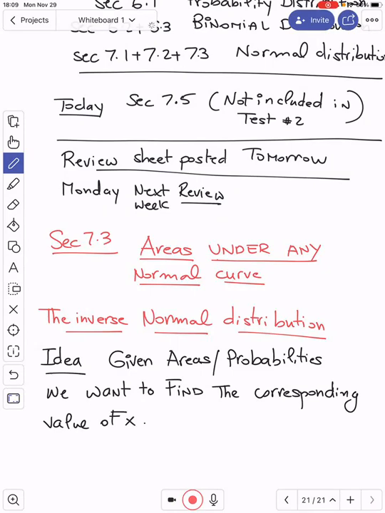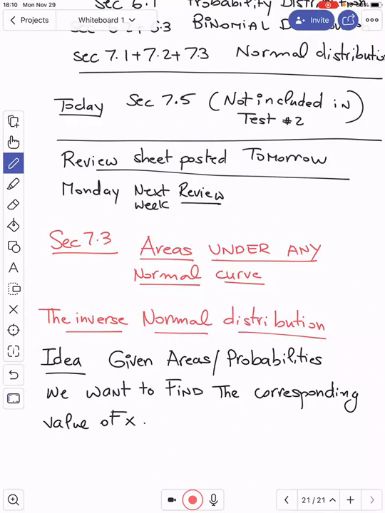What we did before was, given a value of x, for example, x less than 60 or x larger than 60 or x between, for example, 20 and 60, we want to find the probability that your x is less than 60, or larger than 60, or between 60 and 80 or whatever, right?